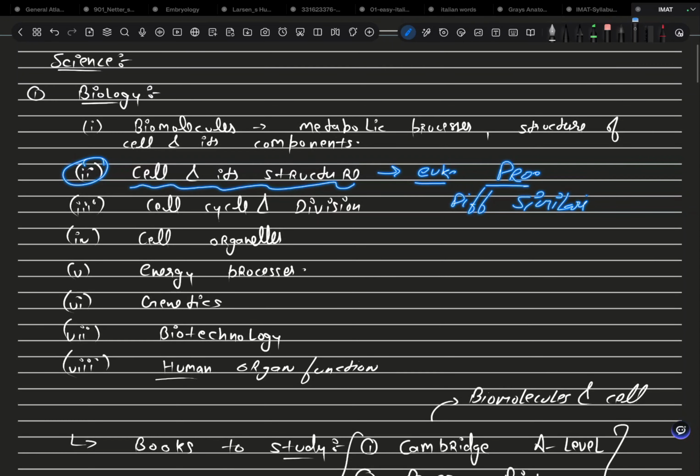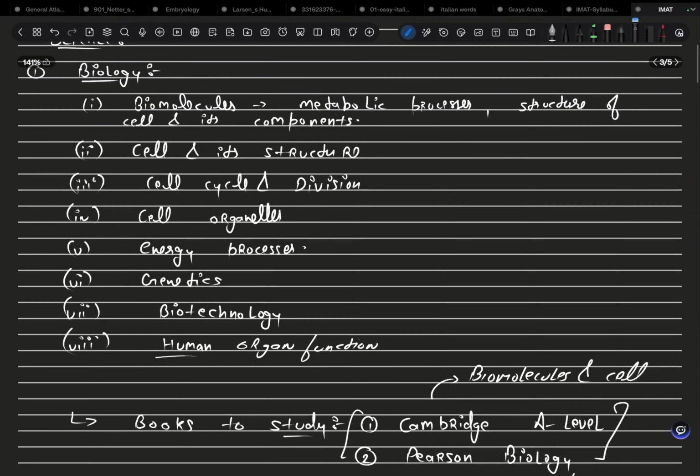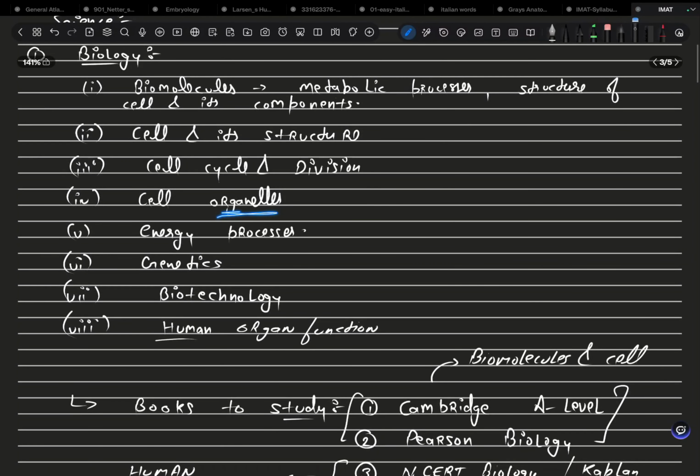Then the cell cycle and its division: how a cell divides, the different stages of cell division, and the process of all those stages.